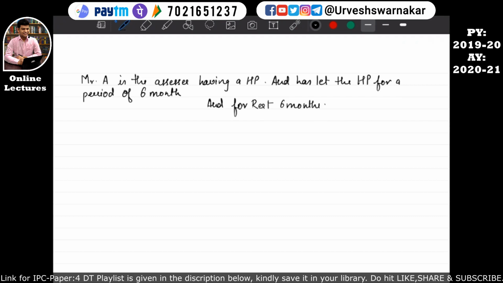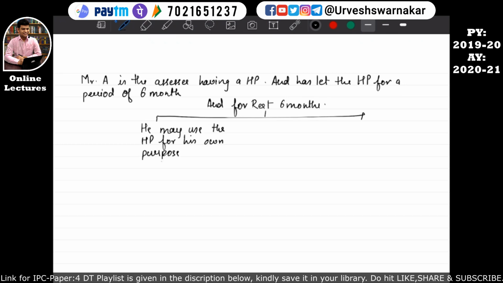If an assessee Mr. A has let out his house property for a period of 6 months and for the rest 6 months, there can be two possibilities. What are the two possibilities? Let's understand it. The first possibility is he may use the house property for his own purpose.